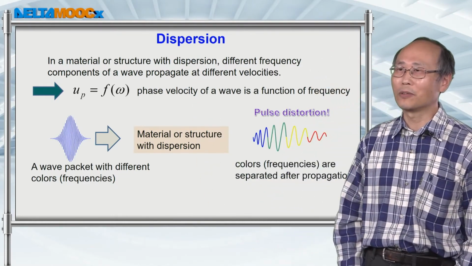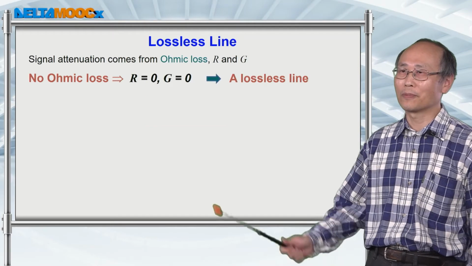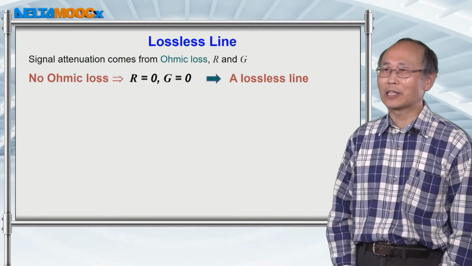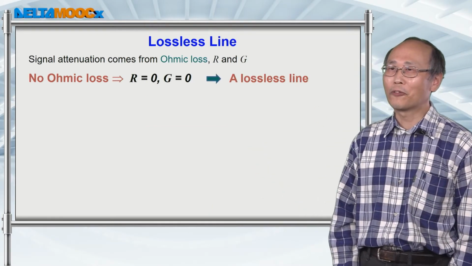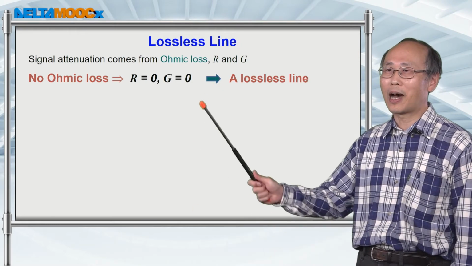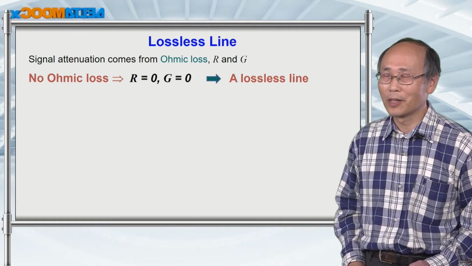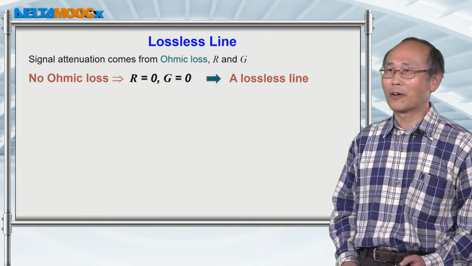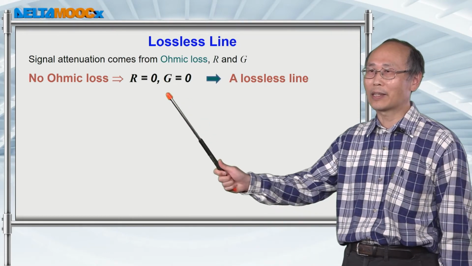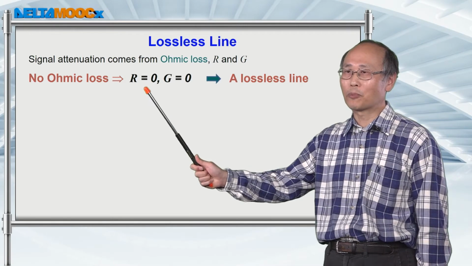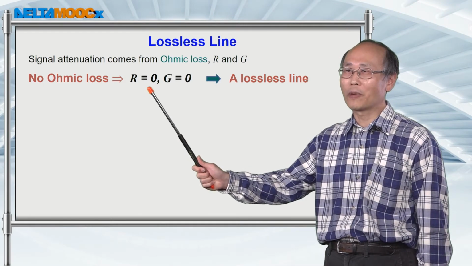Now, let's look into several examples. When we design a transmission line, the first rule could be that we want this transmission line to have very low loss. So we look into the loss of a circuit. We understand that the loss is primarily from the ohmic loss.